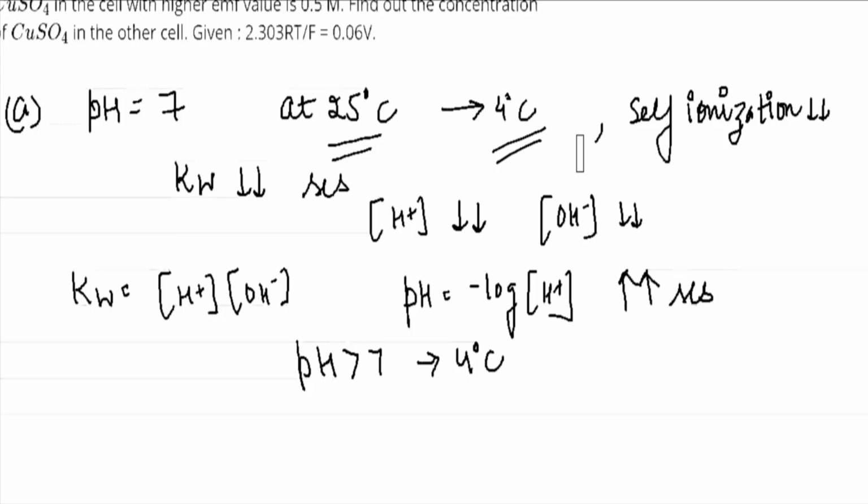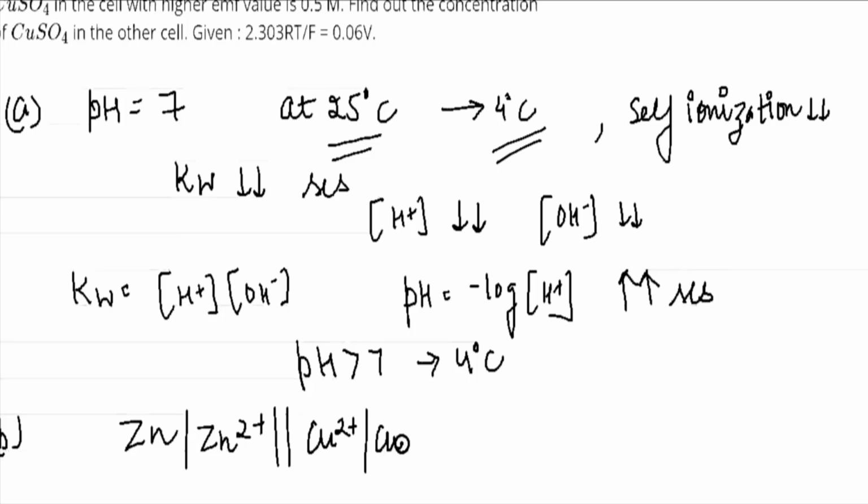Firstly, let's draw the cell here. We have zinc sulfate and copper sulfate, so zinc is at the anode and copper at the cathode. So this is our cell: Zn, Zn2 plus, Cu2 plus, Cu.